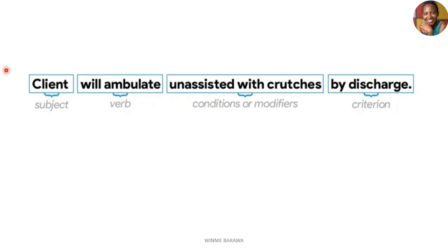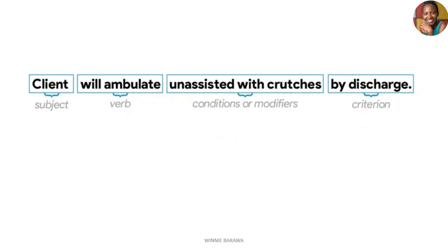So John will ambulate unassisted with crutches. So the nurse is anticipating John ambulating without assistance. In this case, you are stating the conditions or the changes that John will demonstrate. There will be ambulation, but to support this ambulation, you are describing it further by telling us in which state, so unassisted, which is very good.